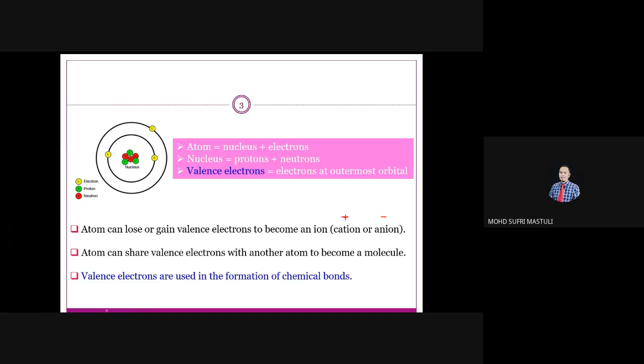Atoms also can share valence electrons with another atom to become a molecule. This is the most important point that you have to remember. The valence electrons are used in the formation of chemical bonding. Either the valence electrons are transferred, which is loss or gain, or the valence electrons are shared to form the chemical bonds.